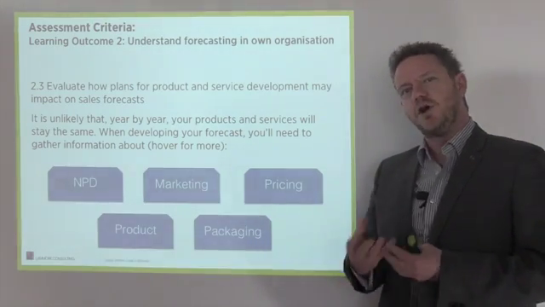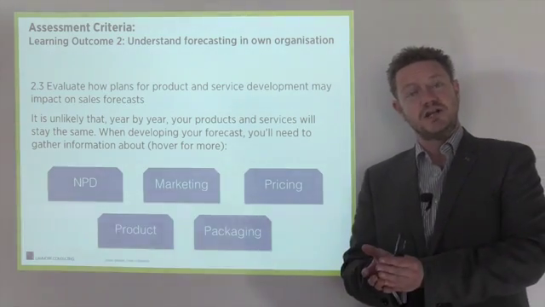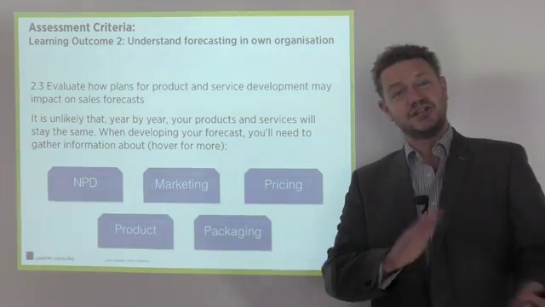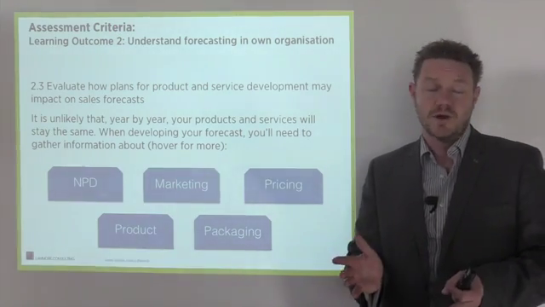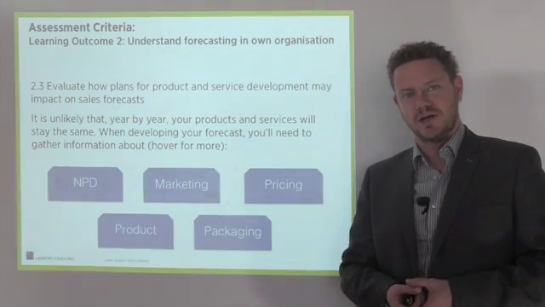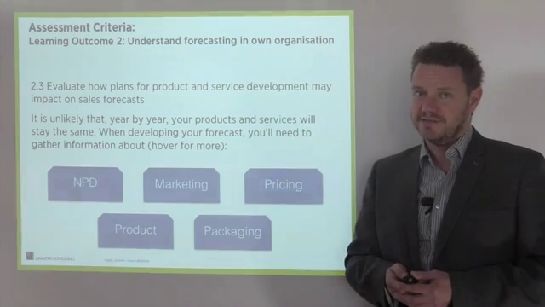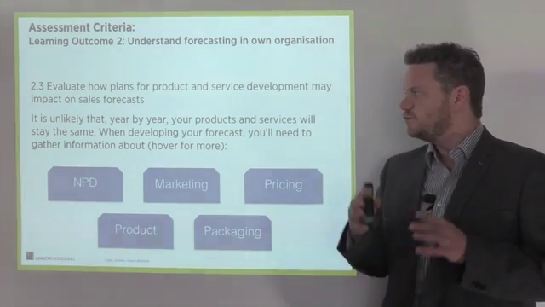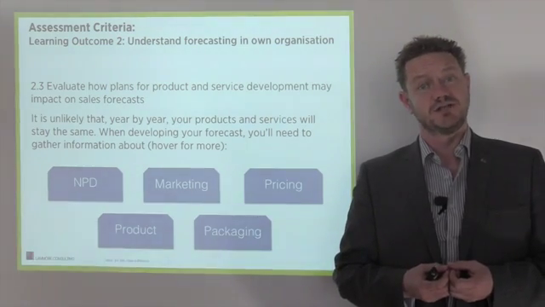But actually, if there's a cost-saving drive in your organisation, what you might find is that your packaging changes in such a way that you cut off certain customers. They might have been not particularly profitable ones. That might be a great thing to do for the organisation as a whole, but you need to build these sort of things into your forecast, as well as some of the unknowns and uncertainty around any of these sort of changes that happen.